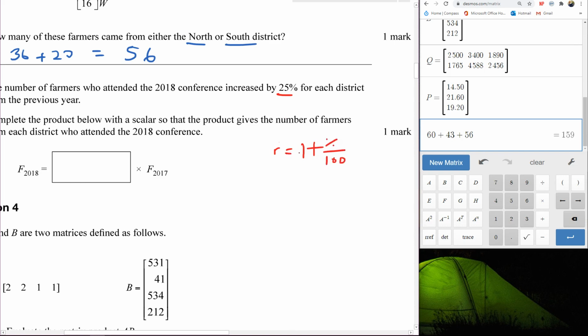That's the common ratio. You don't have to think about it in that sense, but this kind of helps. So 1 plus 25 over 100 equals 1.25, because it's a 25% increase. That means you're going to multiply by the scalar 1.25 for the increase to go up by 25%.